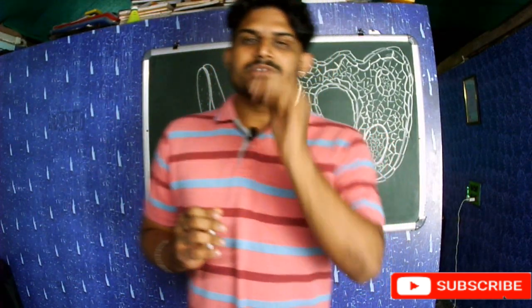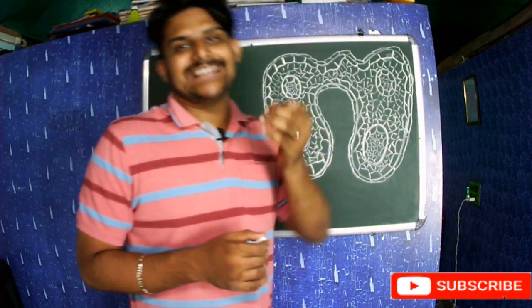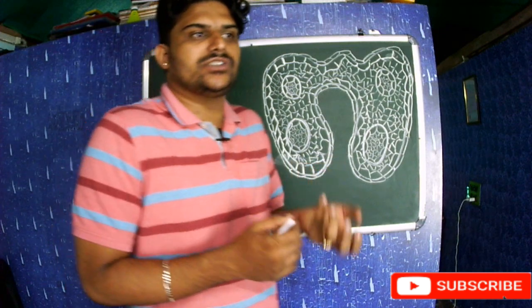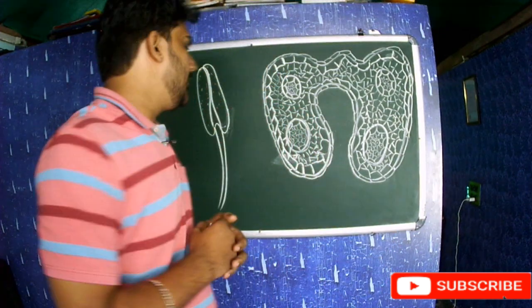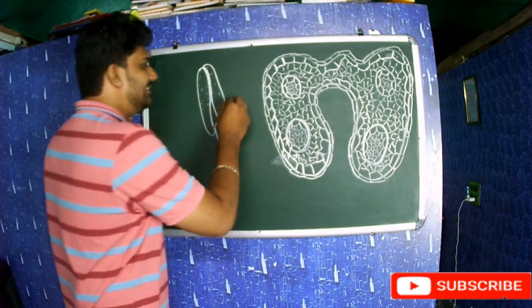So the androecium is also known as stamens in the flowers. Okay. So stamens are having anther.